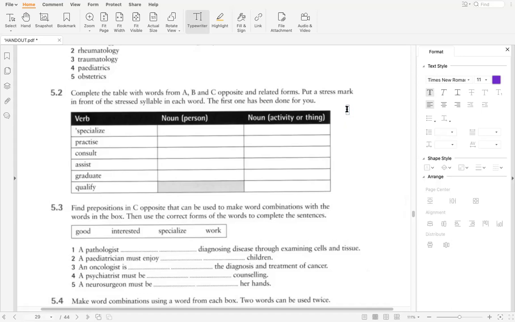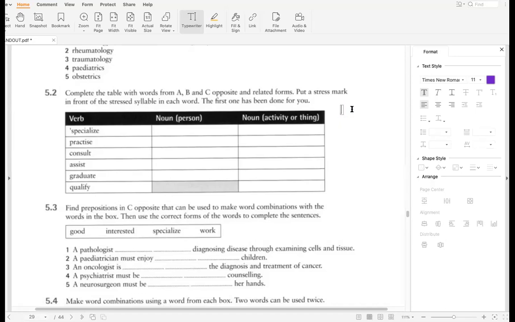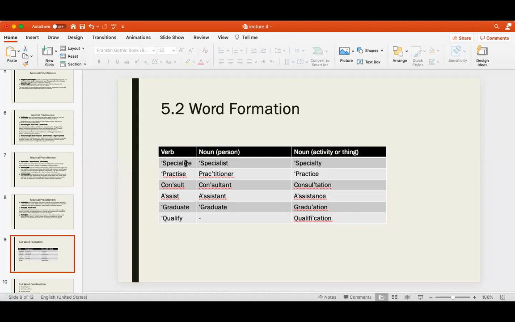So we have specialize. What is the noun? We will say the noun that refers to the person who does the verb, and the noun which is the activity or the thing itself. Let's take an example. We have specialize. The noun is specialist, the person, and speciality.